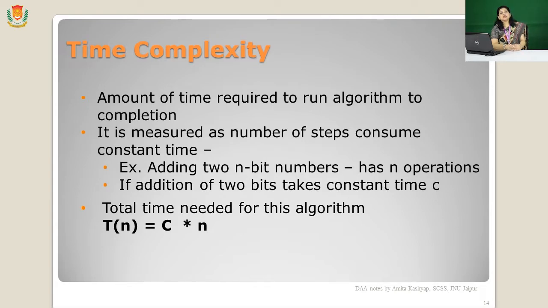If we have 10 statements in our program, then the amount of time it is going to take will be multiplied by 10. So if we derive the equation for time complexity, it will be T(N) = C * N, where N is the number of statements we have and C is the constant time that is required to execute each statement.